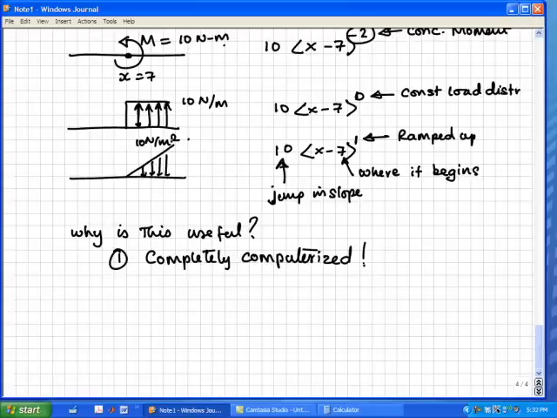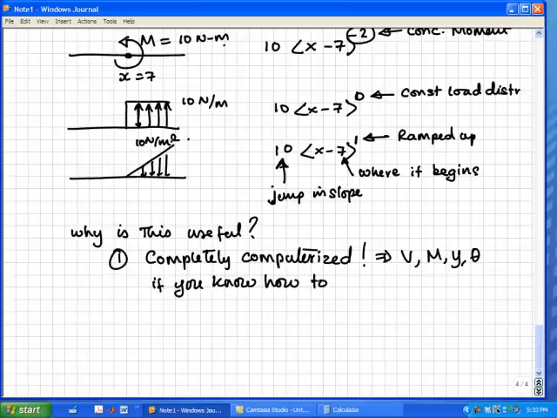The calculation of shear force, bending moment, y and theta can be completely computerized if you know how to do it. In fact, you can do it in Excel.